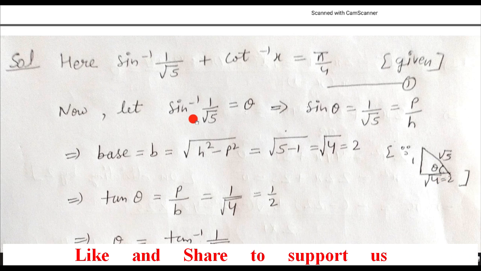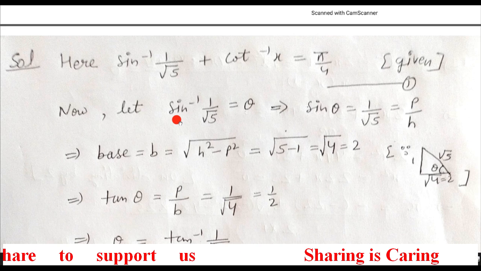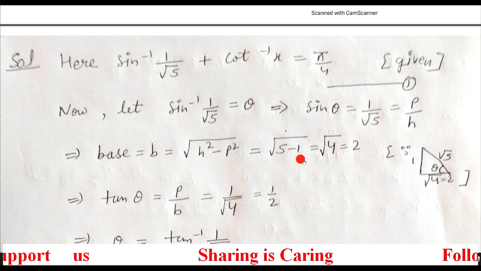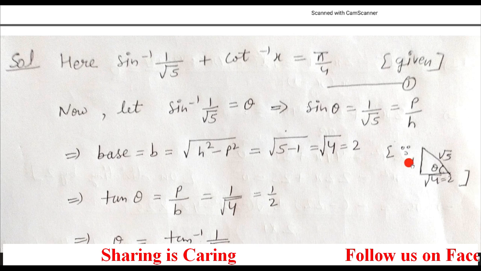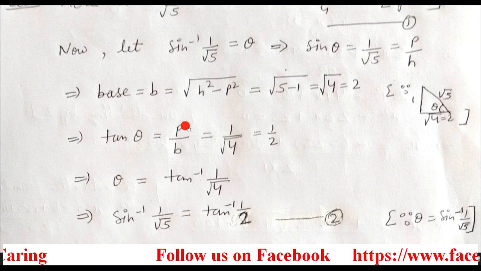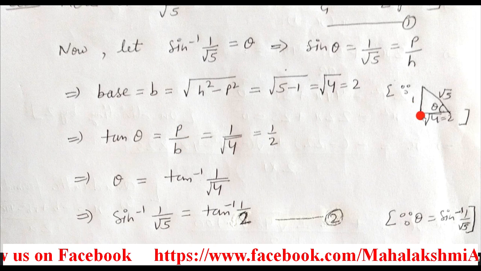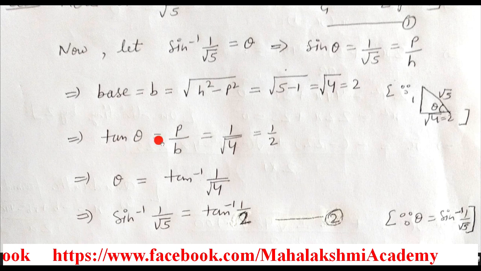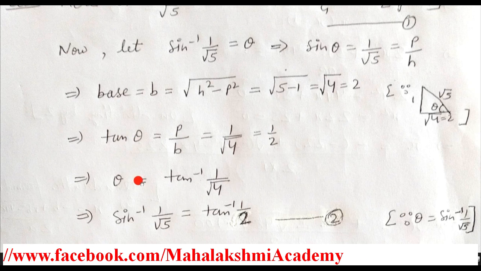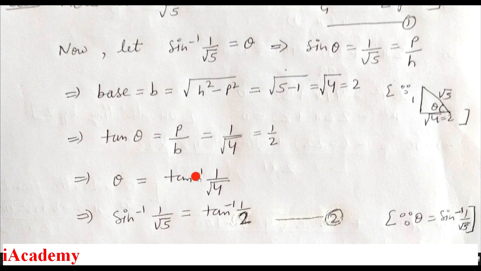Now as I told you, I want to convert it into the form of tan inverse. So from this right angle triangle, I find out what tan theta is. And you know students, tan theta is perpendicular upon base. So perpendicular is 1 and base is 2. So tan theta we got as 1 upon 2. Now from here again, I want only theta, so I should shift this tan to this side. That will give me tan inverse 1 upon 2.